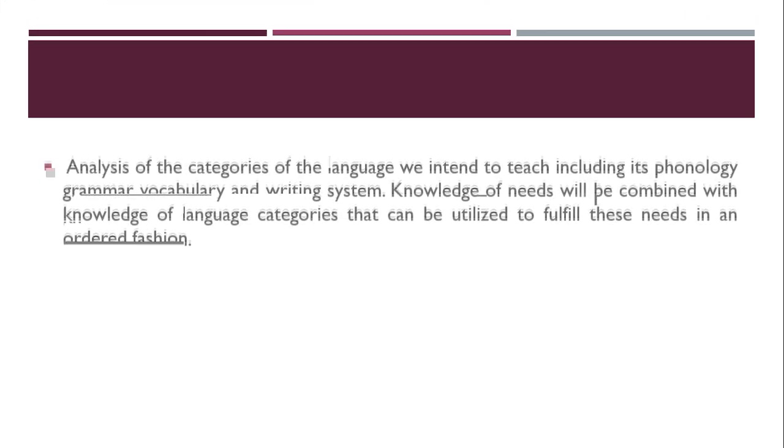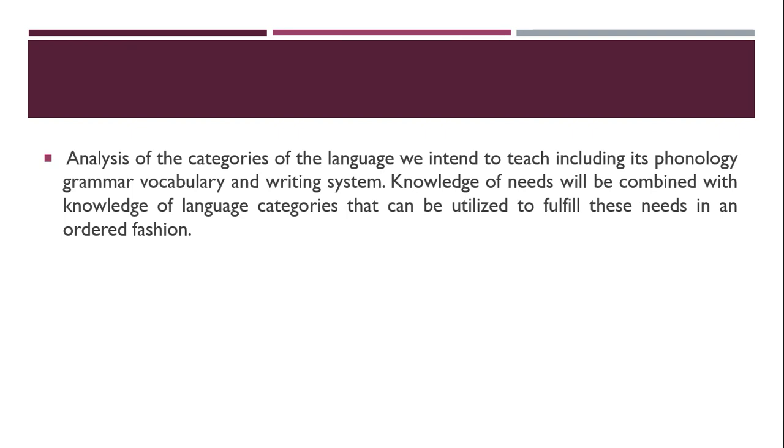Now, analysis of categories of the language we intend to teach, including its phonology, grammar, vocabulary, and writing system. There's a comma. Someone will come to me and tell me, you forgot to write a comma here. Yes, I'm lazy. Phonology. For example, in Iraq we have certain phonemes that are only present in Iraq.